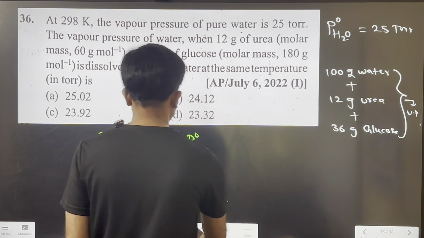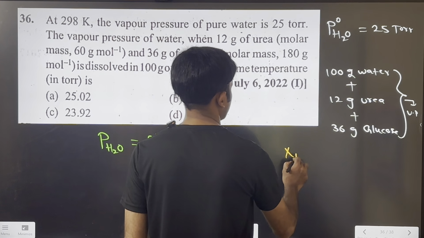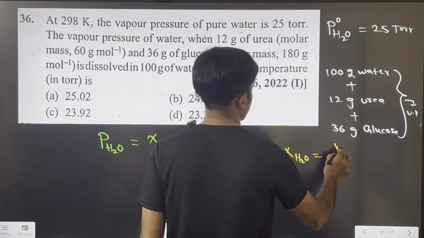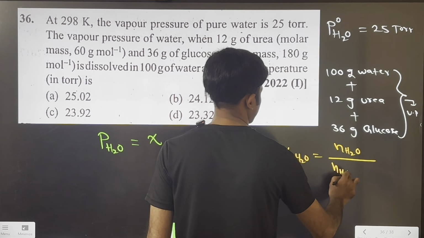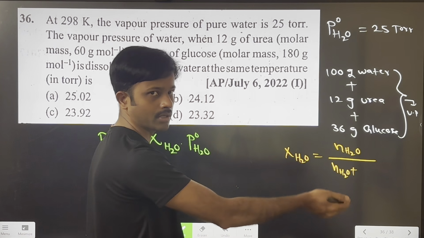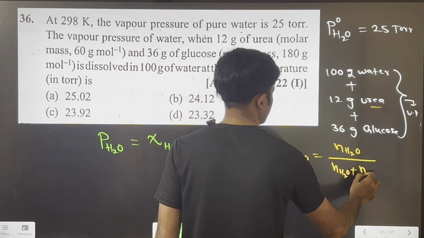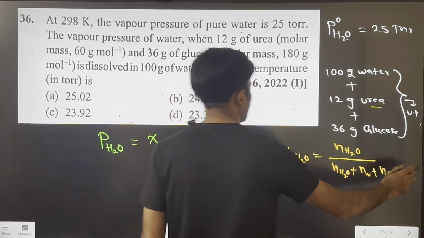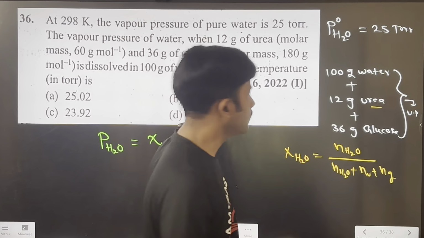Now how do you get the mole fraction of water? Mole fraction of water we can write like this: number of moles of water by total number of moles. So here we have 12 grams of urea, so number of moles of urea and number of moles of glucose, and you find out the number of moles of water.